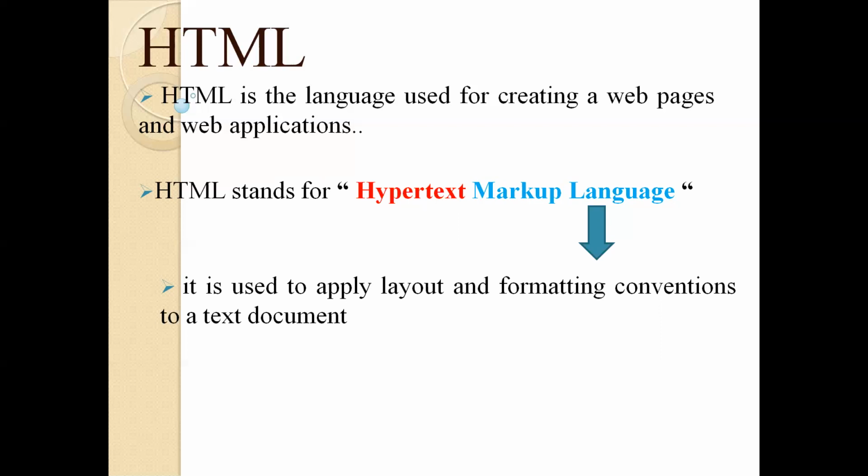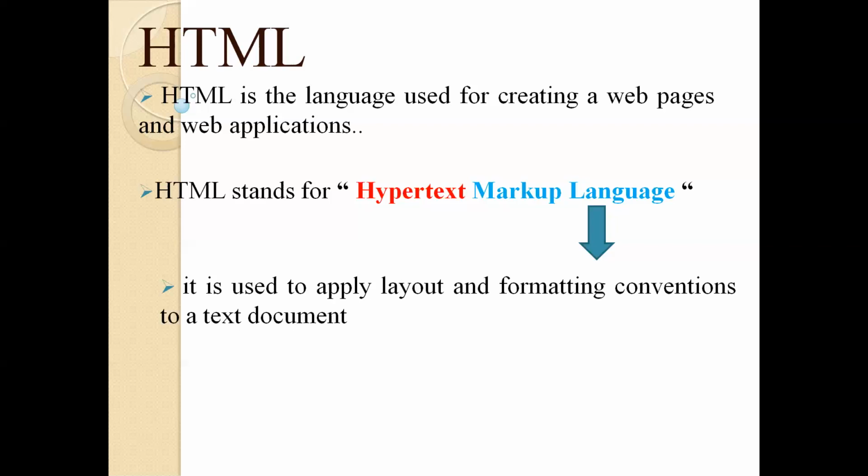If we have some text and we want to display it on a web page or any other web application, we need to format the text. At the same time, we need to apply some layout to the text in order to have a good look on a web application or web page. It may not be only text; it may be an image or anything else.